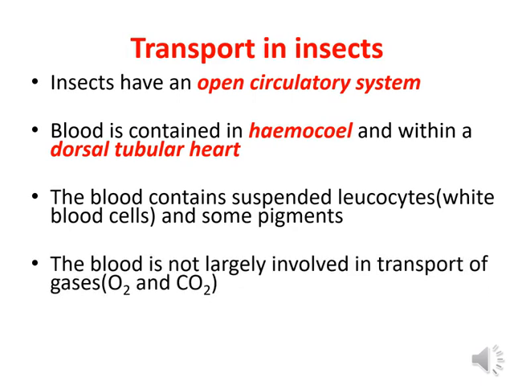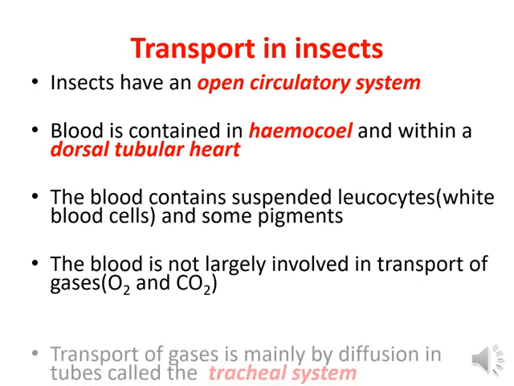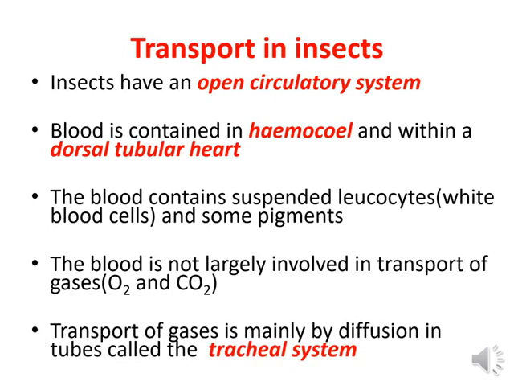The blood is not largely involved in transport of gases, that is oxygen and carbon dioxide. Actually, the transport of gases in insects is very different from transport of gases in other animals such as mammals. In insects, they use a system that is known as the tracheal system.